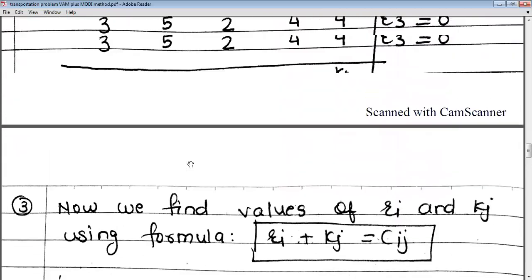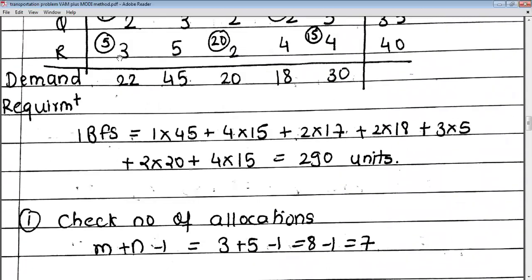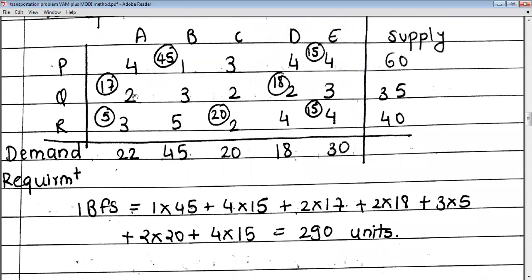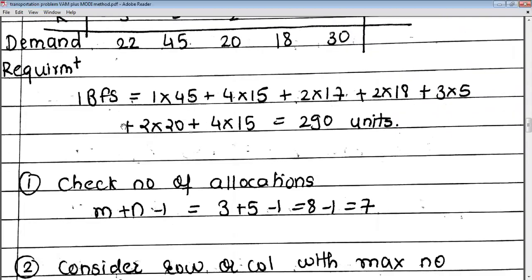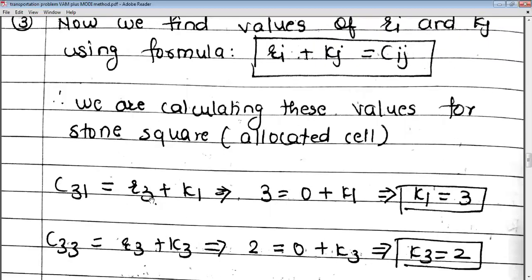See the C31 value here: the cost is 3 and the allocation is 5. So R3 plus K1 equals the cost, that is 3. We get 3 equals 0 plus K1, therefore K1 equals 3.